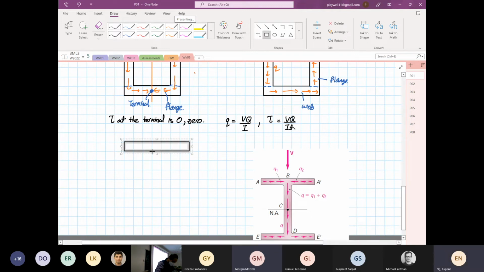So this is our wide flange. That's our wide flange. So now our shear force is coming down here, Vy.